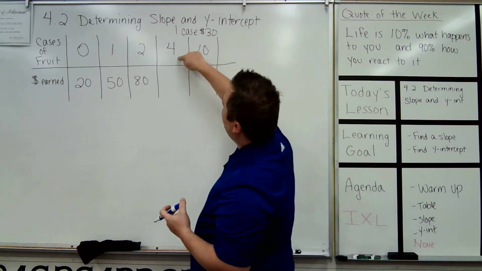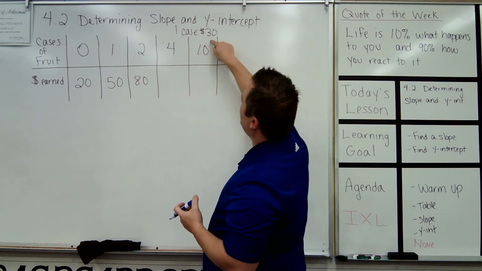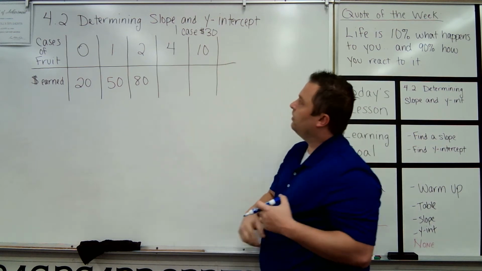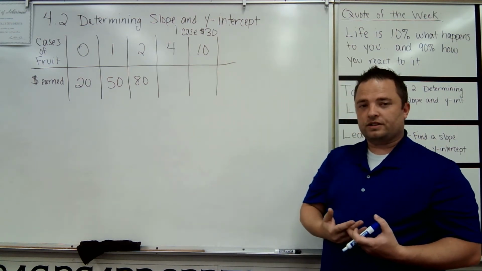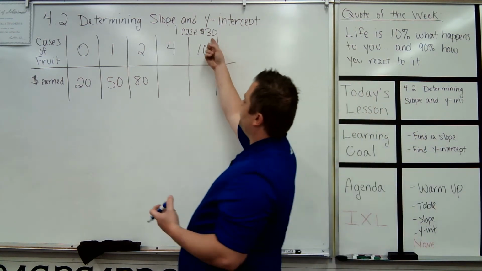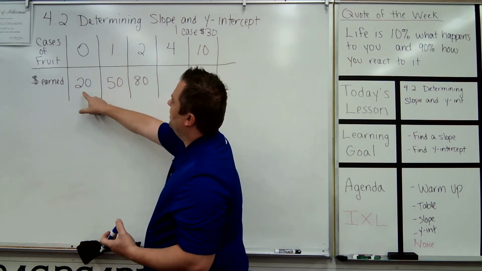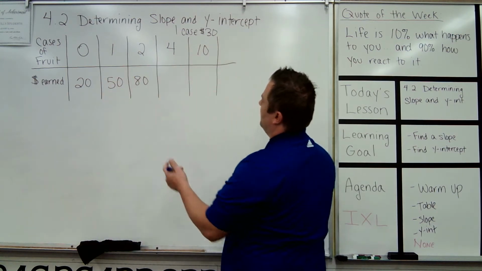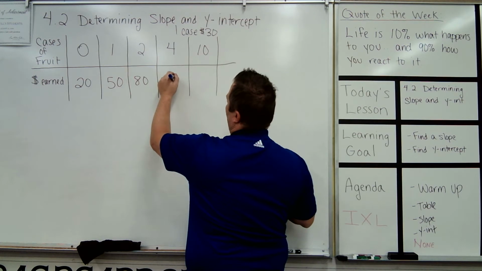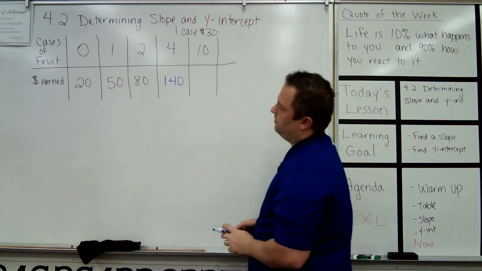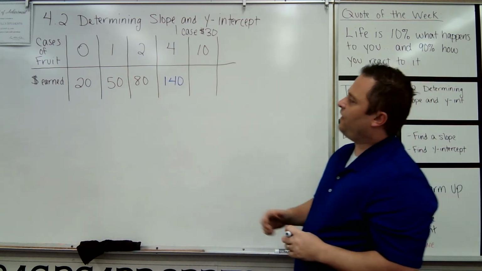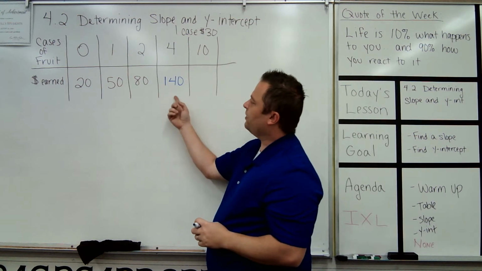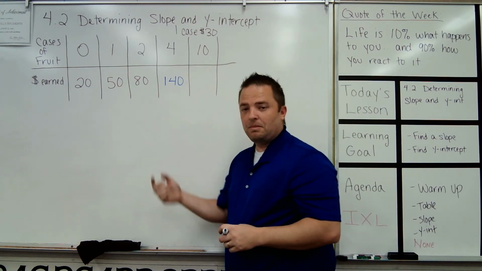If I get 4 cases at $30 a piece, that's $120. $120 plus the additional 20 is $140. If I was just to go up by 30, you would see that I'm not getting paid as much.